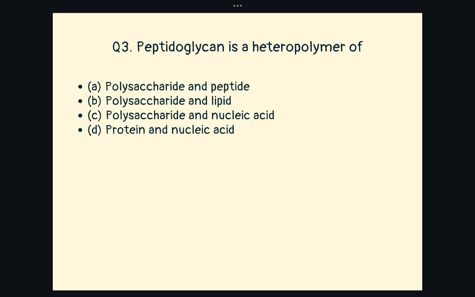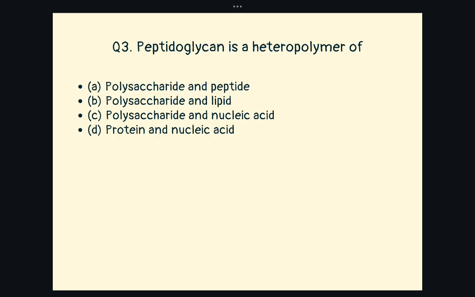Next question. Peptidoglycan is a heteropolymer of polysaccharide and peptide, polysaccharide and lipid, polysaccharide and nucleic acid, or protein and nucleic acid. Peptidoglycan, or murein, is the main structural component of the bacterial cell wall, especially in gram-positive bacteria.